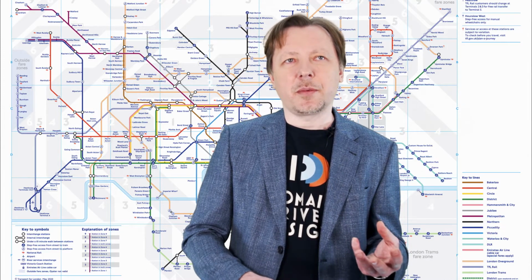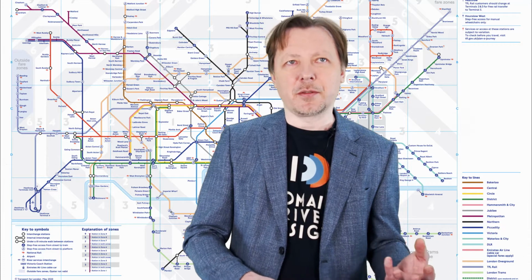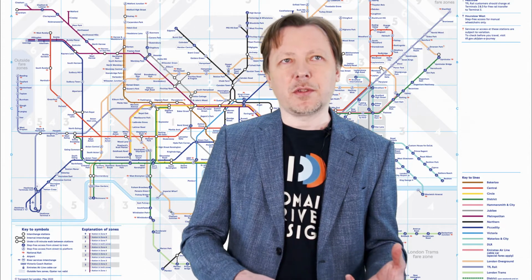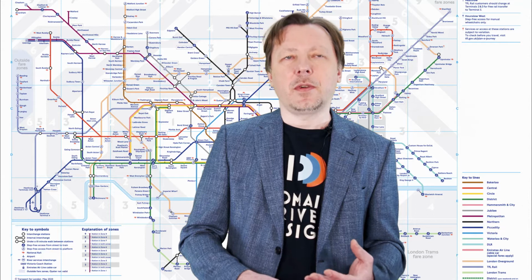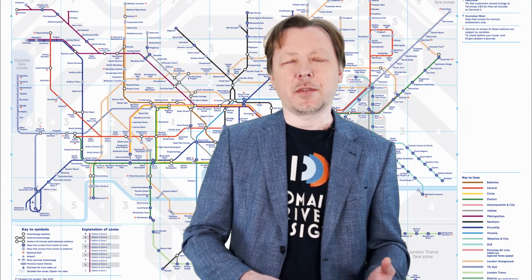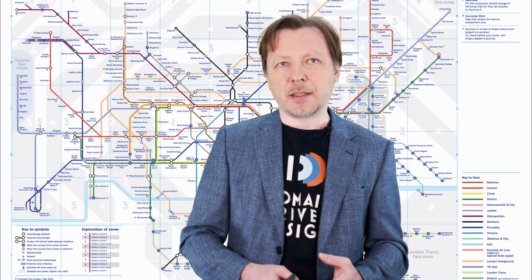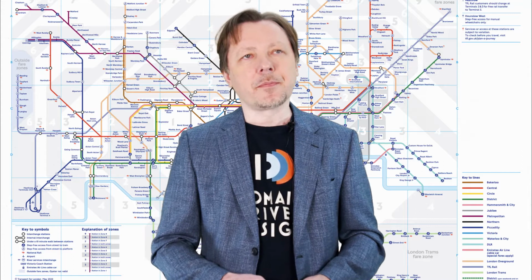That's why it looks a bit awkward if you try to map it to the actual topology of where these lines are located, to the topology of London. But it's very useful to find your way between two particular stations, how many changes you need to make, and what is the shortest route between those two stations.